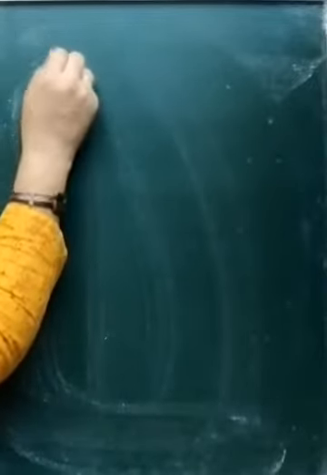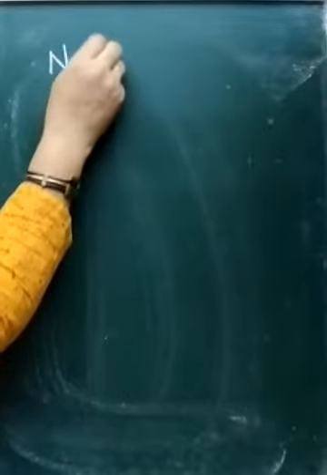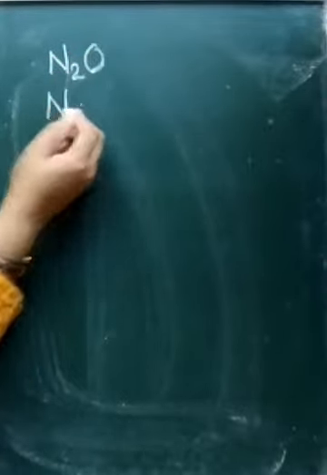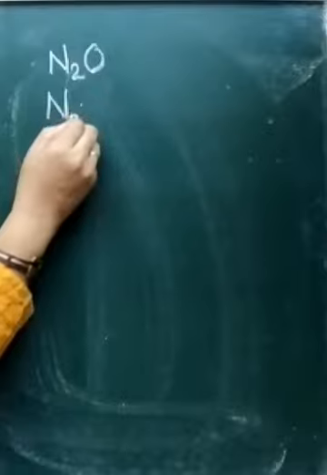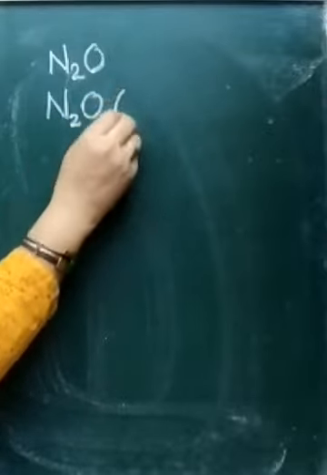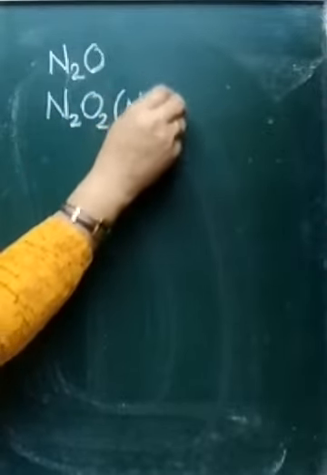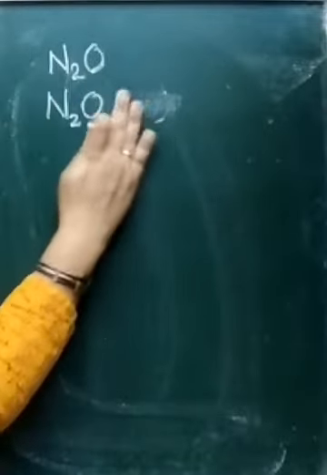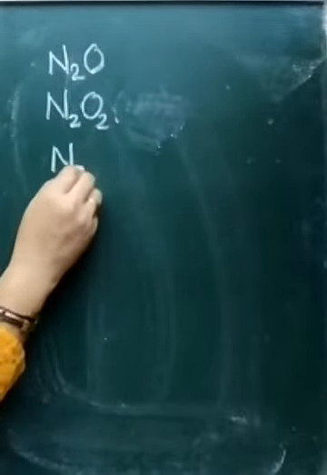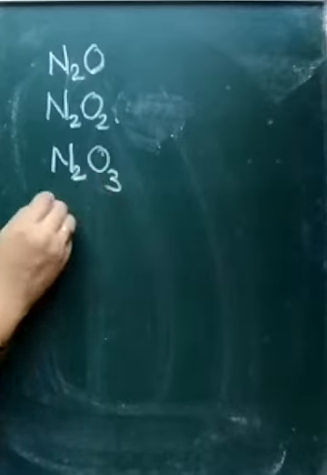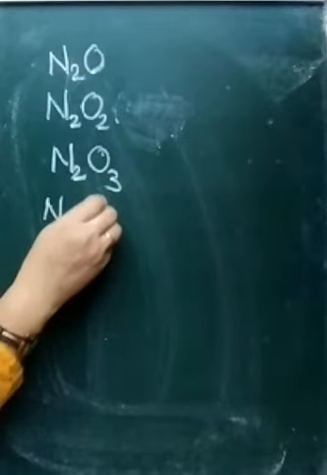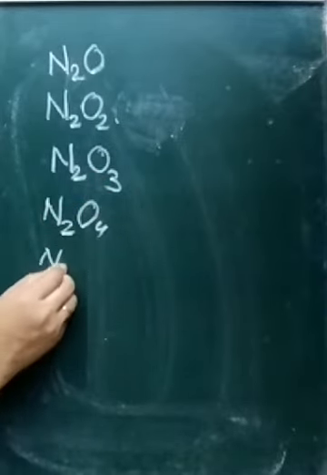Nitrogen and oxygen combine to form a number of oxides: N2O, N2O2, actually we take it as NO, N2O3, N2O4, N2O5.